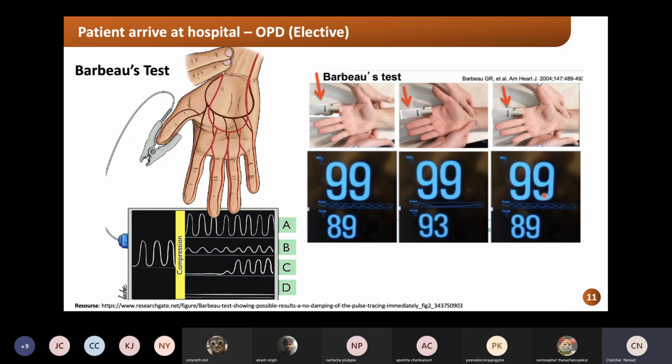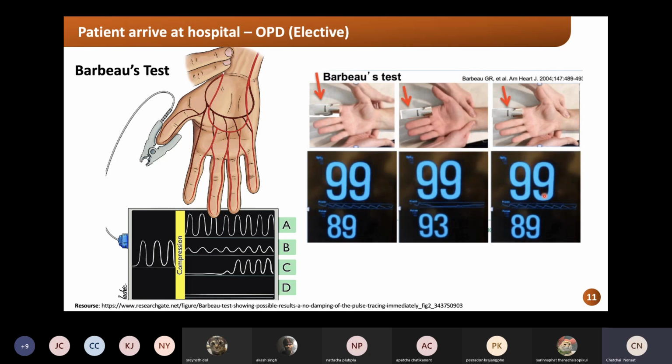After you clip the index or thumb of the patient with the pulse oximeter probe, you have to use your thumb or finger to compress the radial artery and ulnar artery.